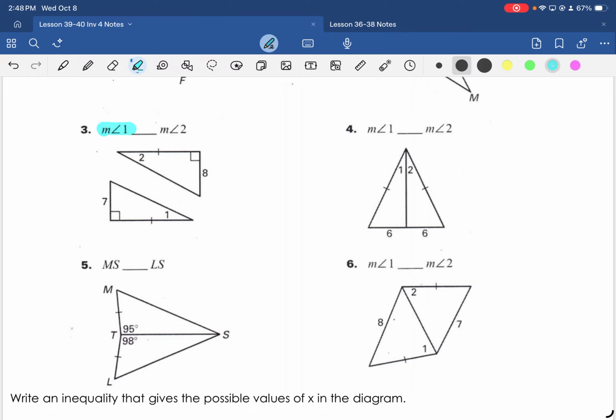Measure of angle 1, so that's there. And measure of angle 2, so that's there. Do you see how the 8 is bigger than the 7? So that means since 8's bigger than 7, angle 2 is bigger than angle 1. Isn't that a piece of cake?